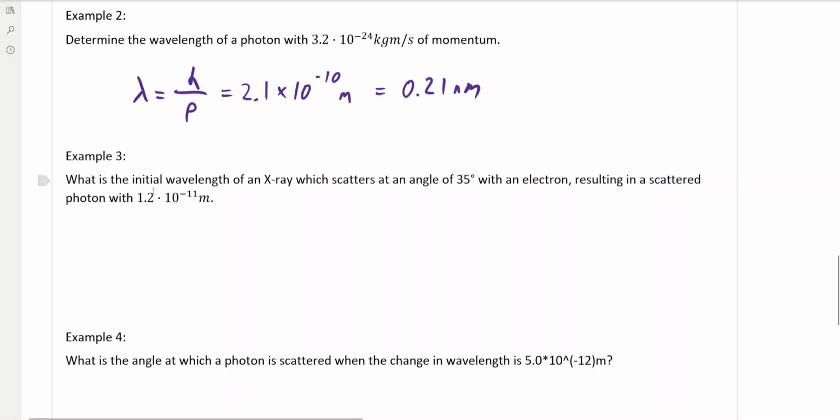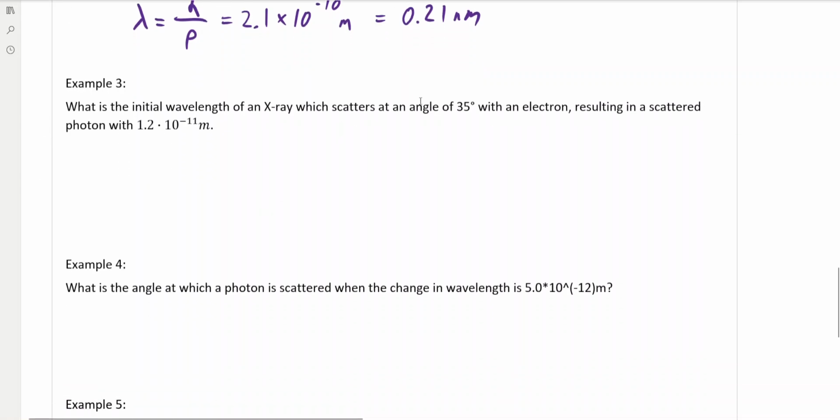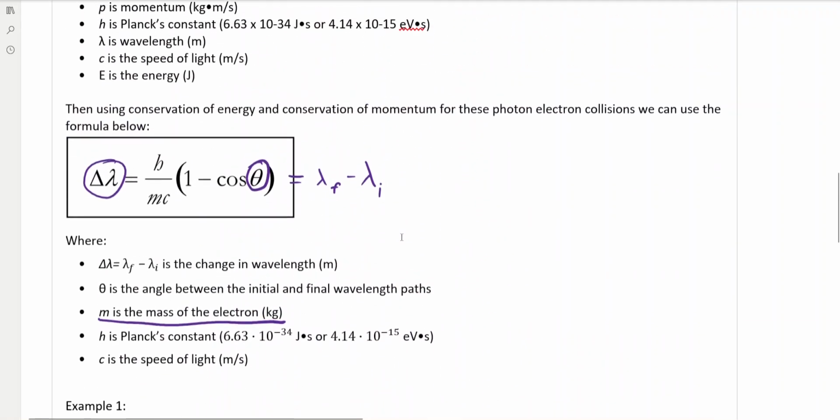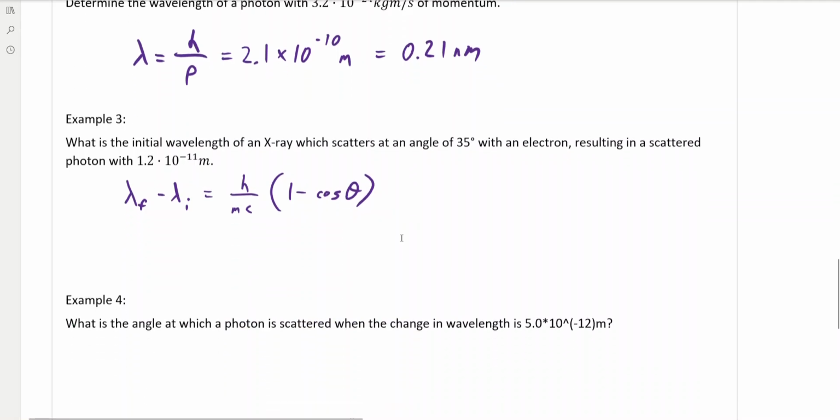Okay, so what is the initial wavelength of an X-ray which scatters at an angle of 35 degrees? So now we're going to use the delta lambda formula. So this is like this, and then it's h over mc times 1 minus cos theta. And let me just double check that. Yep.